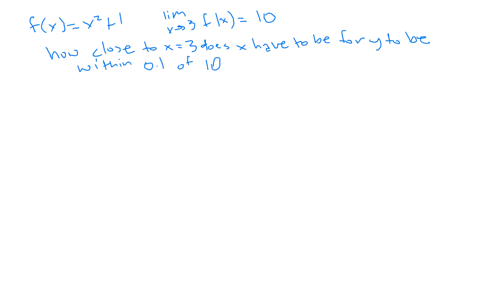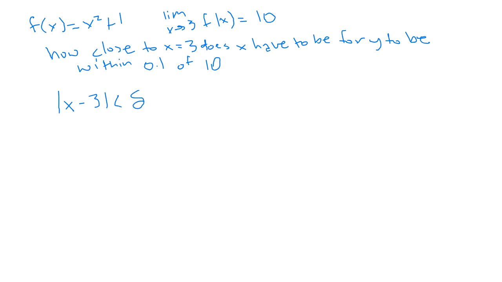So let's look and see how we're going to start this. The first thing we can do is set up how we always normally set up our epsilon delta limits. We know our distance from x is delta, so we can say that |x - 3| is going to be less than some delta.